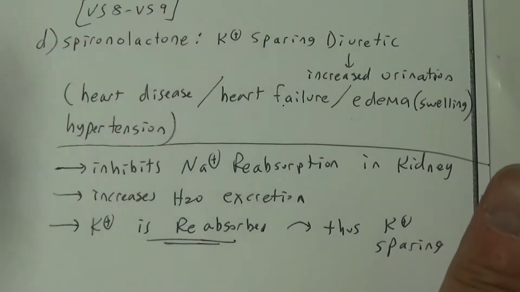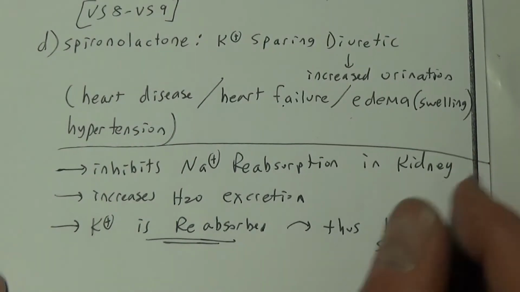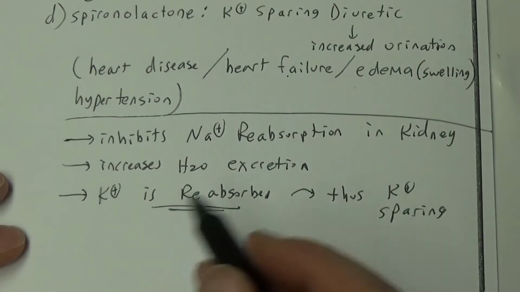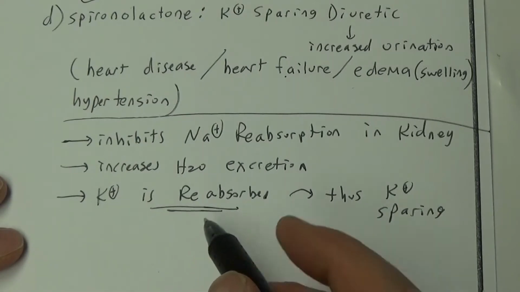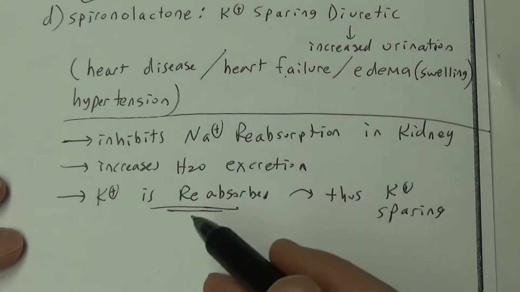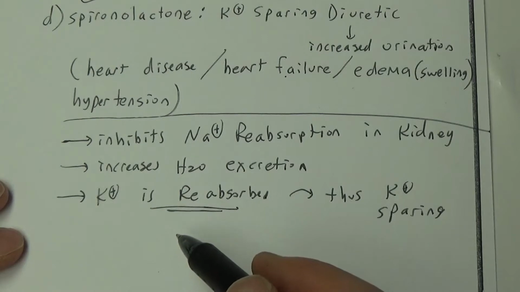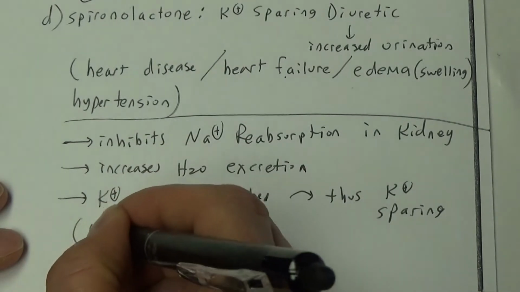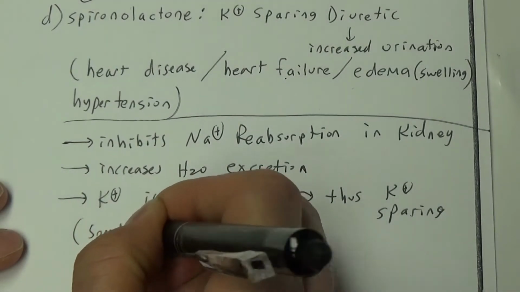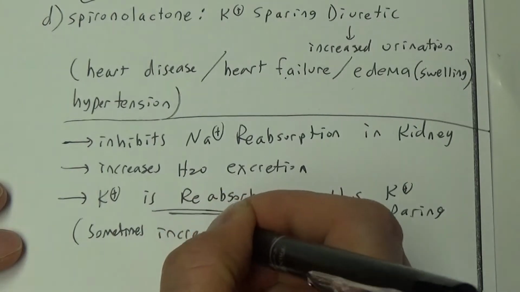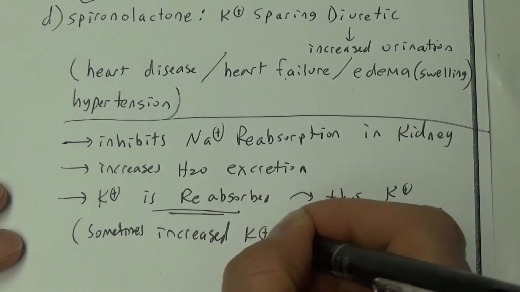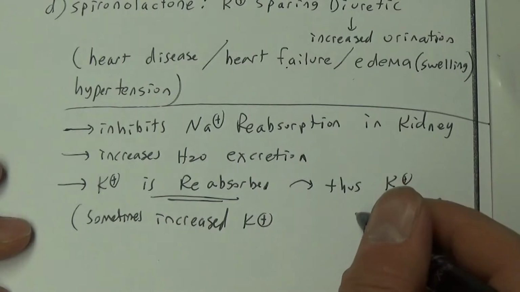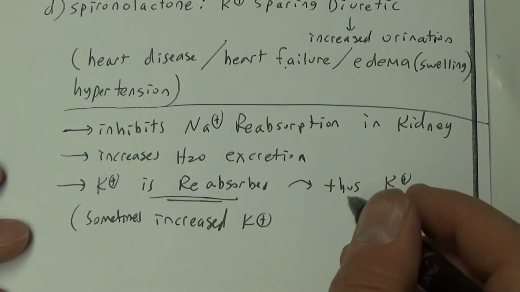Okay, so what are the effects of that? A big thing is you have more potassium in your body, and that can actually have side effects. Sometimes increased potassium can cause other issues. I think it can even affect your heart.